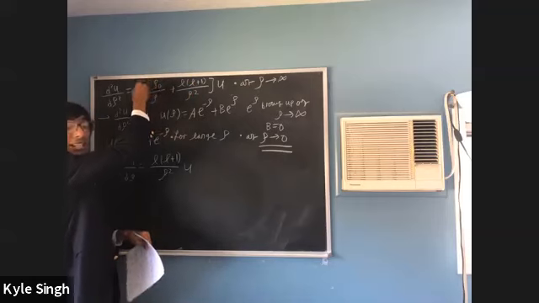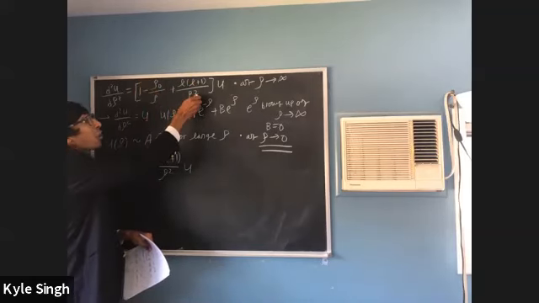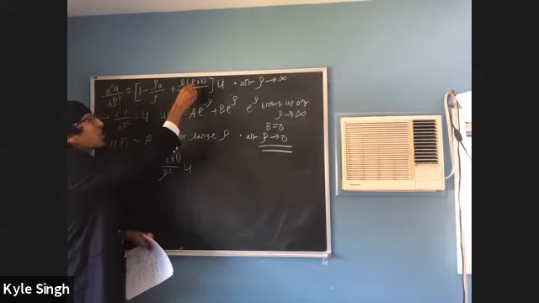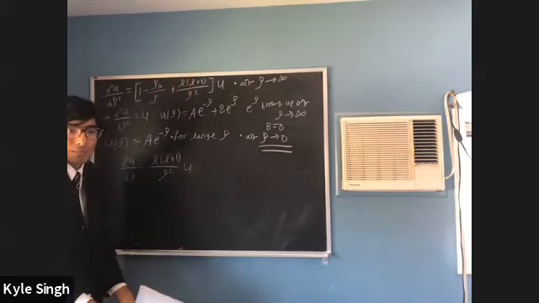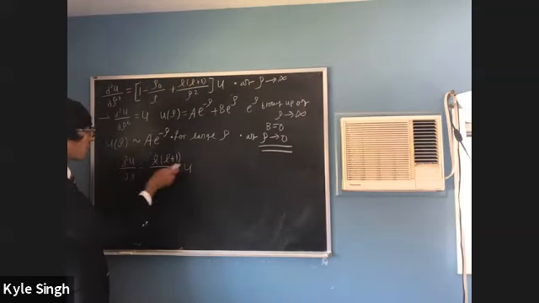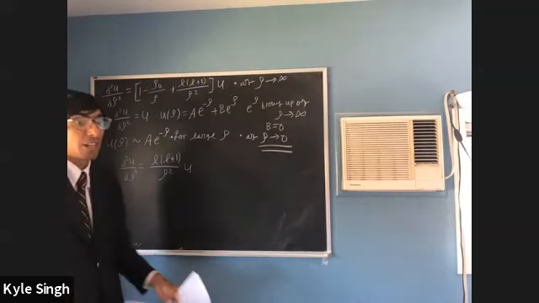This term is also going to get bigger and bigger, but since this is rho squared, it gets bigger faster than this term. So this term is more important, and that's why my equation simplifies to this: d²u/dρ² equals L(L+1)/ρ² u. The centrifugal term dominates in that limit.